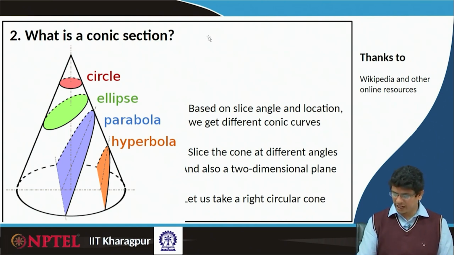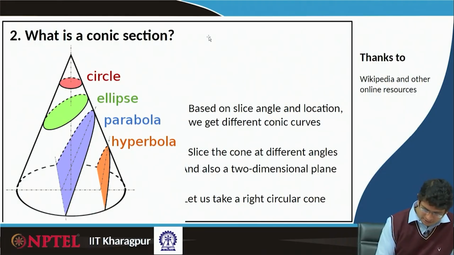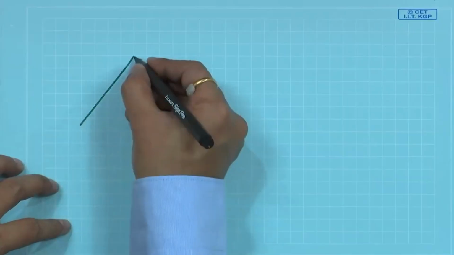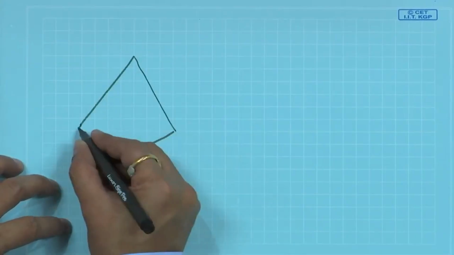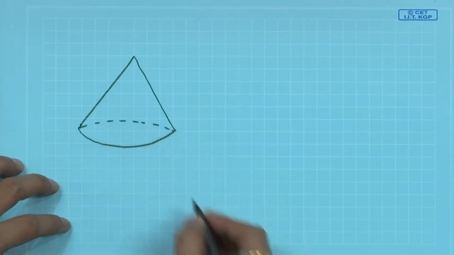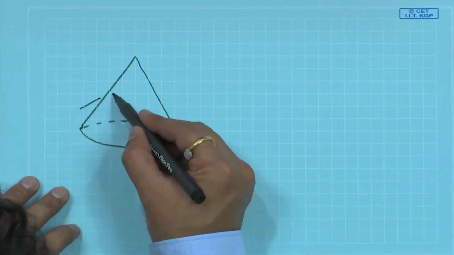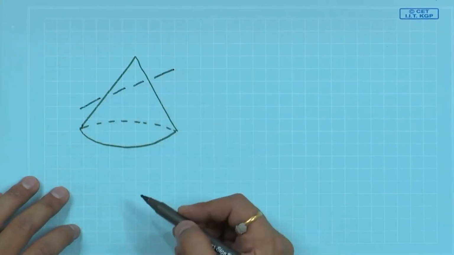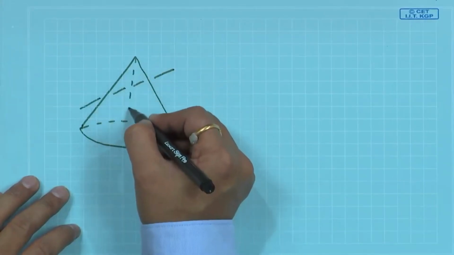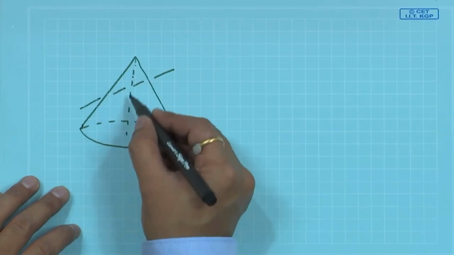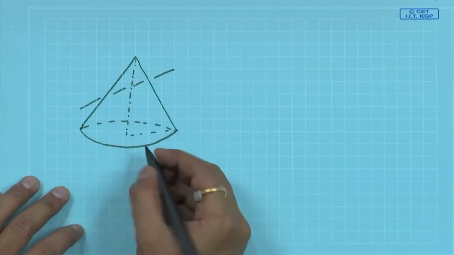So, let us look at an inclined section. Again for a right circular cone, we take another cut section. This is the center line, this is the radius.